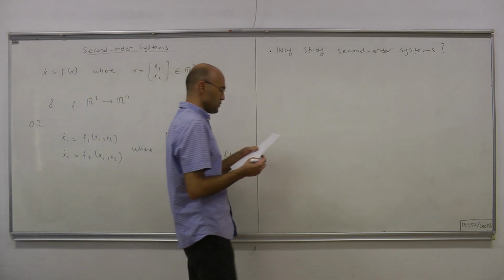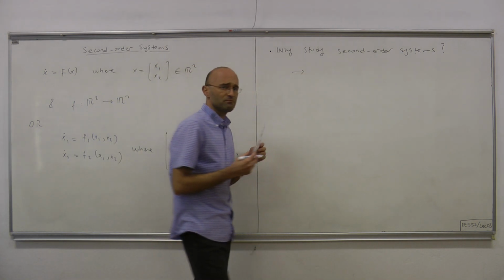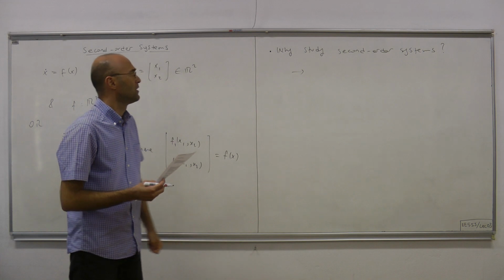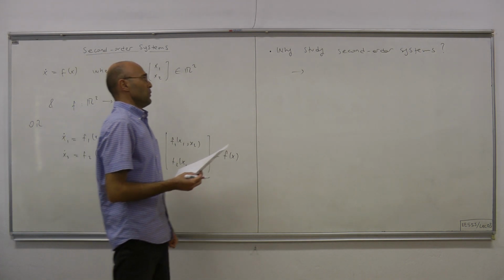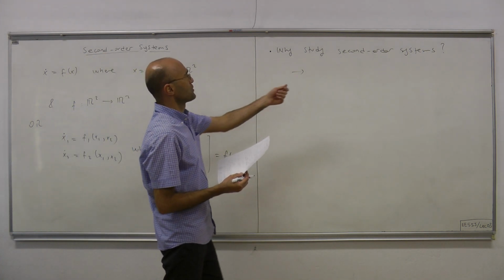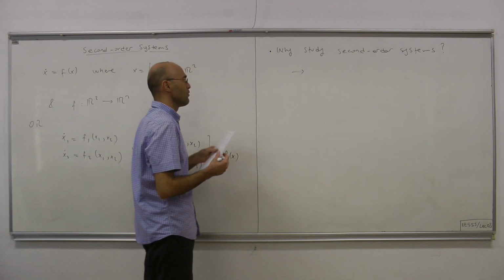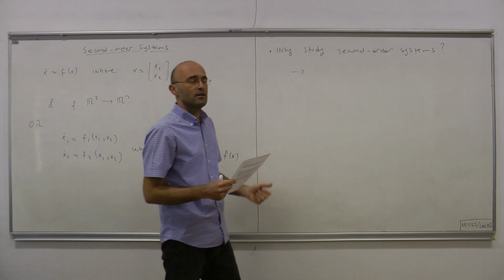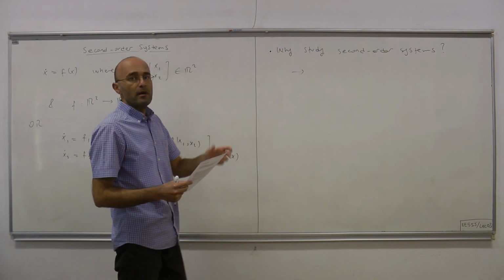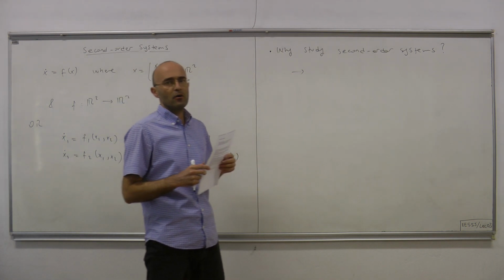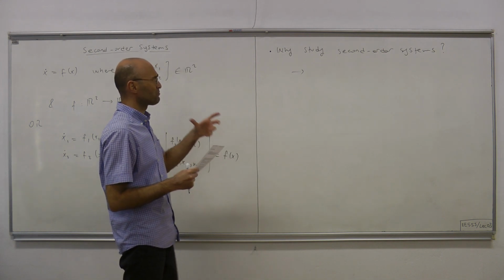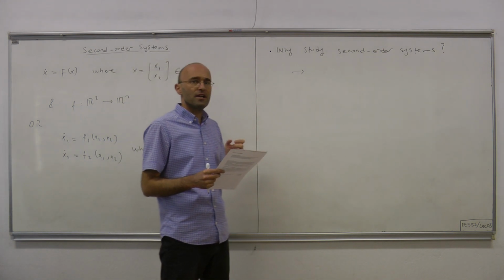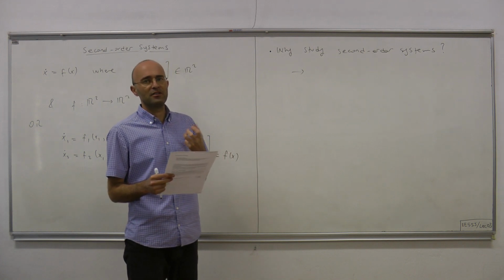Also, and perhaps this is even more important, one benefit of studying second-order systems is that the solutions evolve on the plane. That means we can draw it on the board, on the paper, or we can simulate it and see it on the computer screen. Therefore, we can visually understand the entire dynamics.